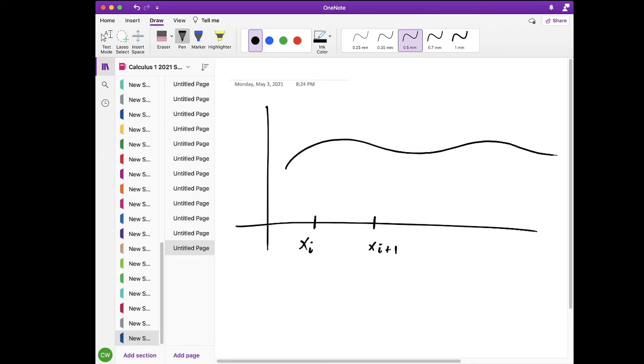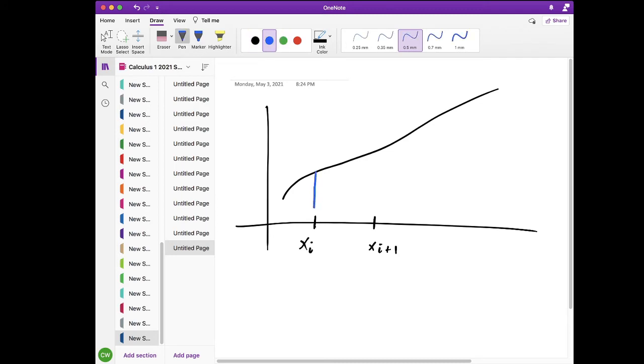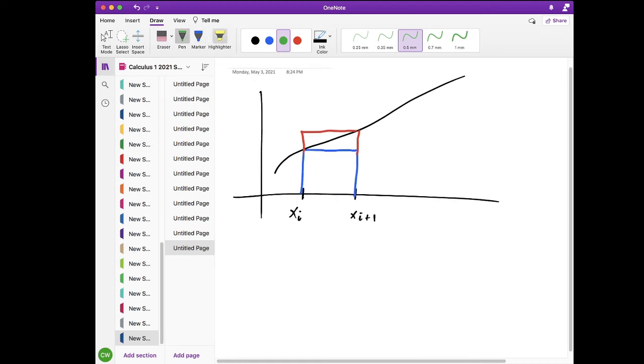Okay, let's draw something a little bit more interesting. Here's your left approximation, and here's your right approximation. Do you agree that this is true? Let's suppose you pick some point inside.